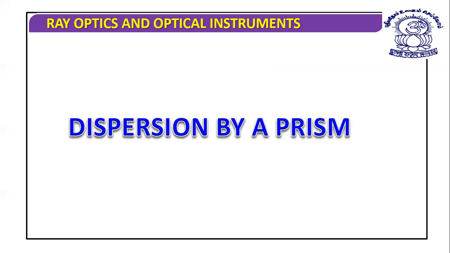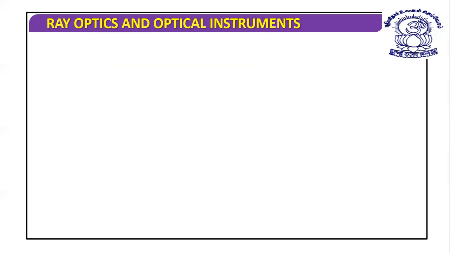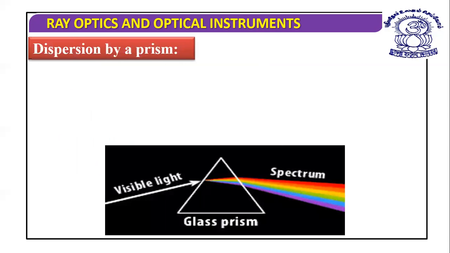Now let us understand the dispersion by prism. When white light is passed through a prism, it is divided into its constituent colors. This phenomenon is called dispersion of light. So let us write down the definition.